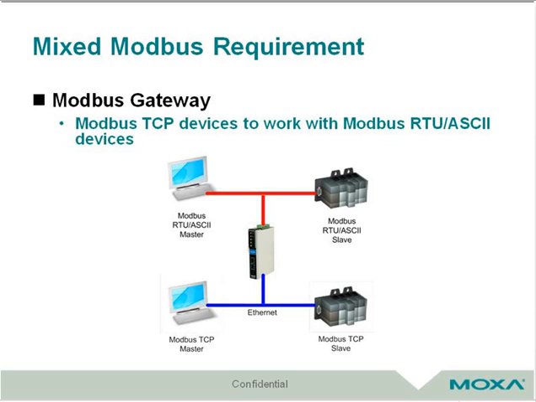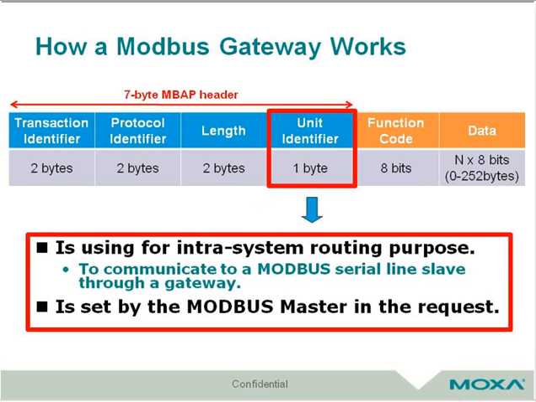A Modbus gateway can translate Modbus TCP packets to Modbus RTU/ASCII packets and pass them to the correct Modbus device. So the Modbus master can send a request to a Modbus slave, which runs a different variation of Modbus, through a Modbus gateway. How does a Modbus gateway do it?